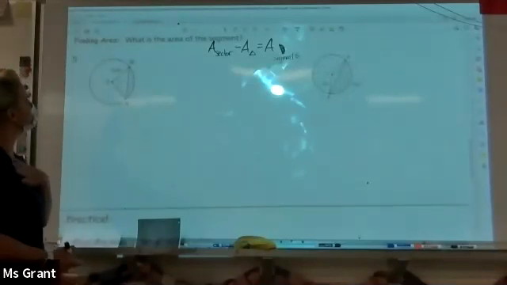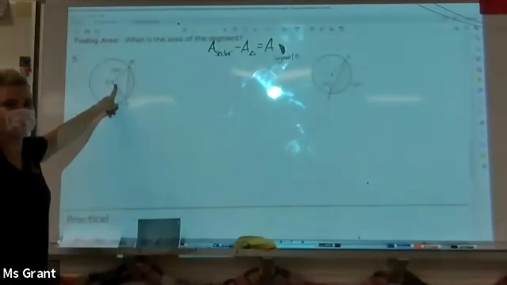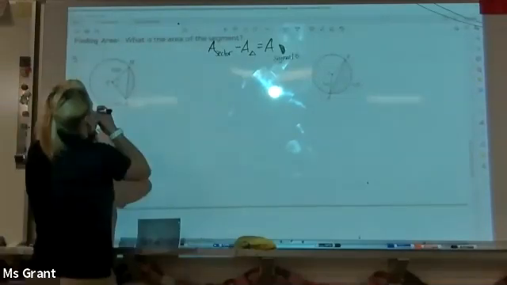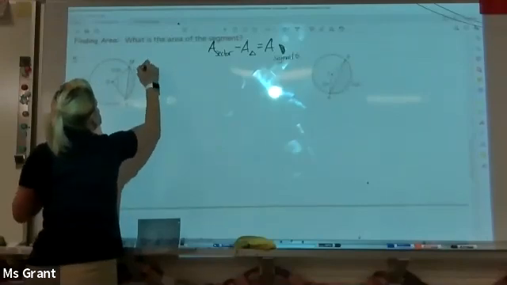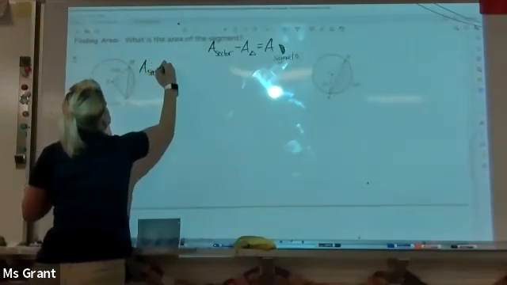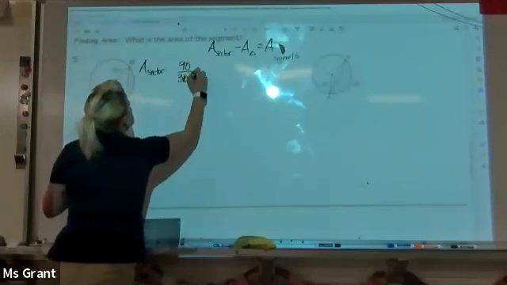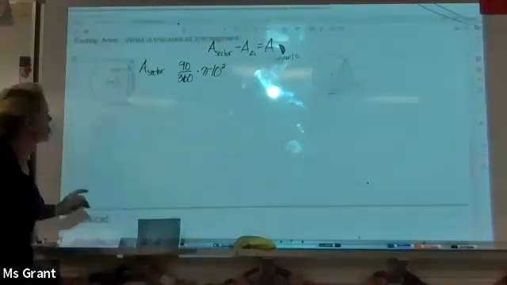I know that the radius is 10. Oh, it's a box. It's a perpendicular. That's a 90-degree angle, correct? Okay. First I find the area of the sector. 90 over 360 times pi times 10 squared.